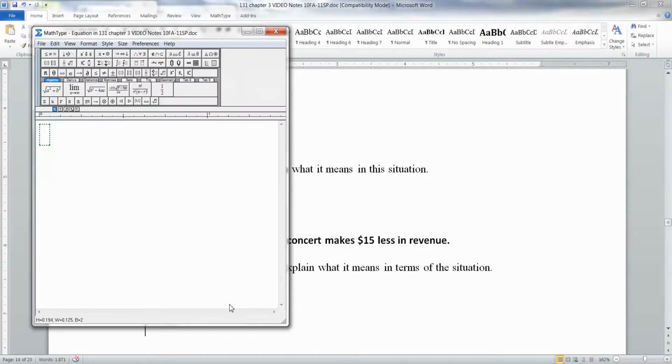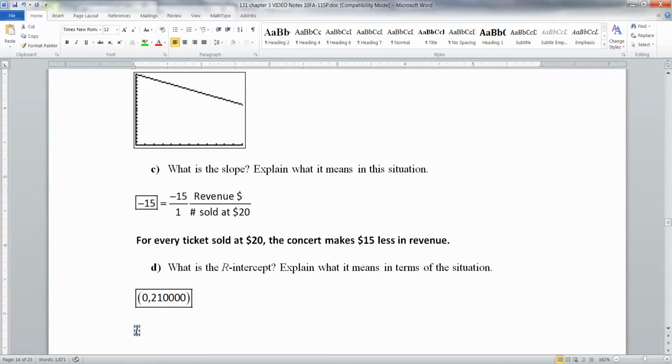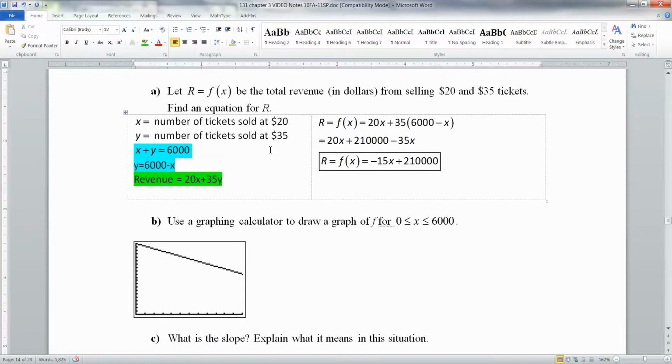Now, what does it mean? It means if we sell 0, okay, now that was your x. X was tickets at the $20 price, right?